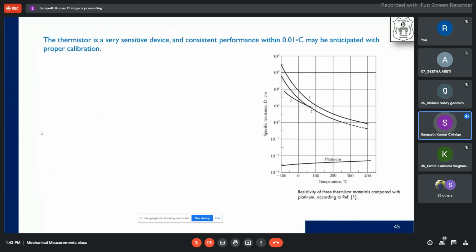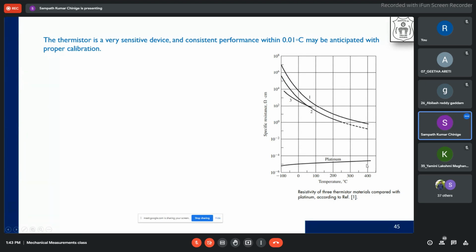It's a very sensitive device, because it has a specific resistance in an exponential way. As your temperature increases, generally the resistance goes on increasing. That is a positive coefficient of resistance. Here you can see with platinum, as your temperature increases, your resistance goes on increasing.